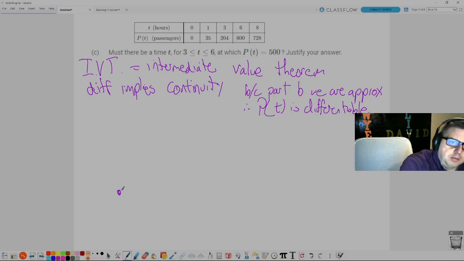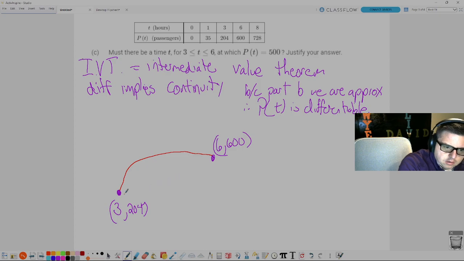If we're starting at 3, which is at 204, and we're going to 6, which is at 600, if it's continuous, no matter what route we take, we could go like this, we could go like this, straight across.